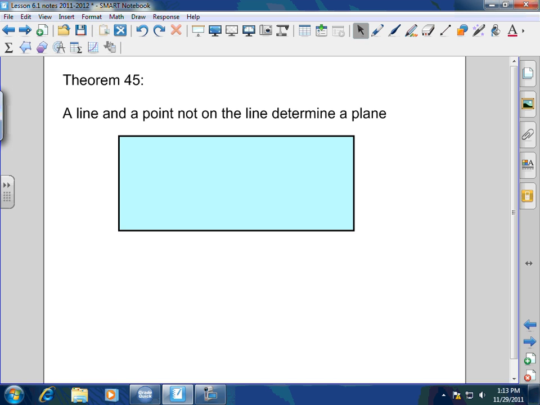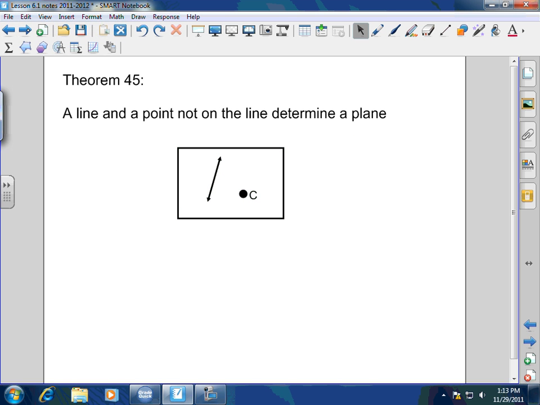A line and a point not on the line determine a plane. So basically a line and a non-collinear point determine a plane. They're still on the plane, but they're just not collinear. That's exactly right.